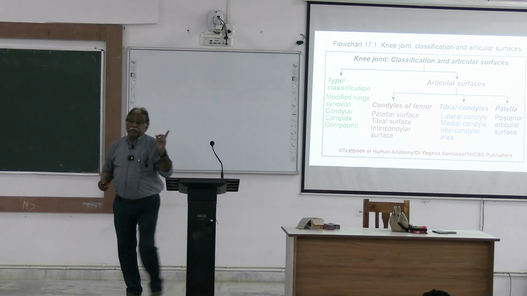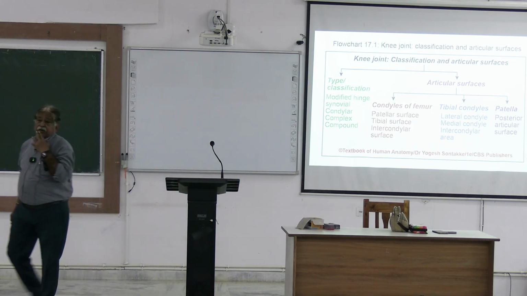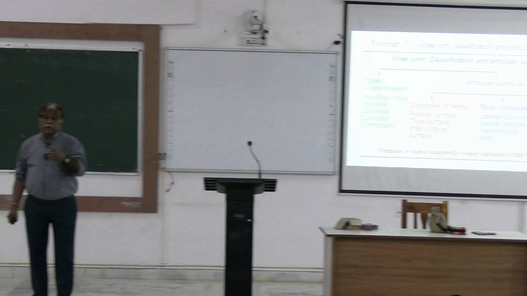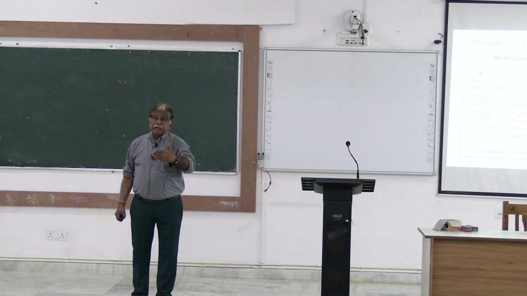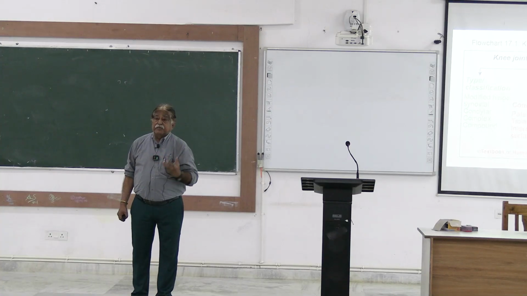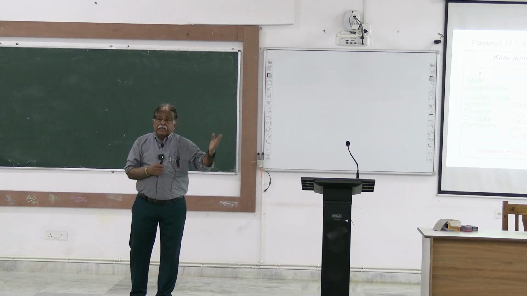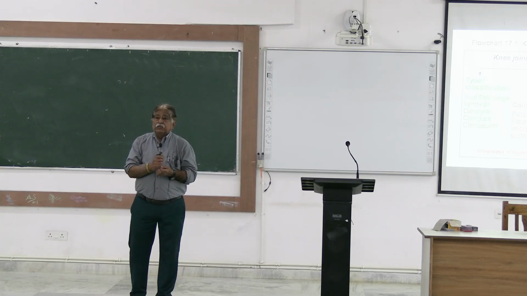I showed you in the demonstration in your demo room when I described the upper end of the tibia. Even I showed you with the skeleton how the femur moves and forms the knee joint.